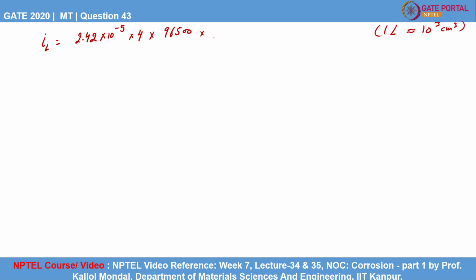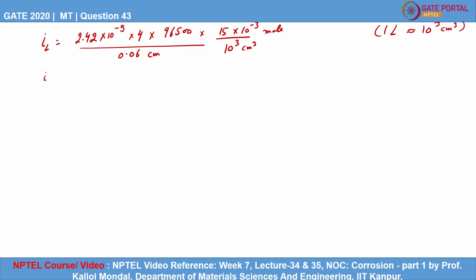Since all the values are in terms of centimeter, I am going to determine the concentration also in terms of centimeter cube. So it will be 15 into 10 raised to power minus 3 mole per 10 raised to power 3 centimeter cube, divided by the diffusion layer thickness, which is given to be 0.06 centimeter.